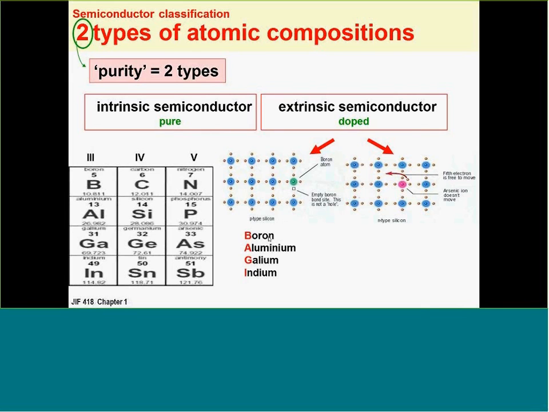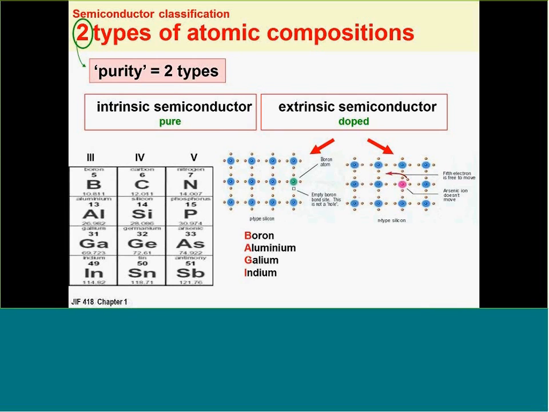So, I've used this acronym over the years, so that it's easier for you to remember. If you doped your material, say from group 4, with boron, aluminium, gallium, and indium, what you are going to get is holes, hole charge carriers.